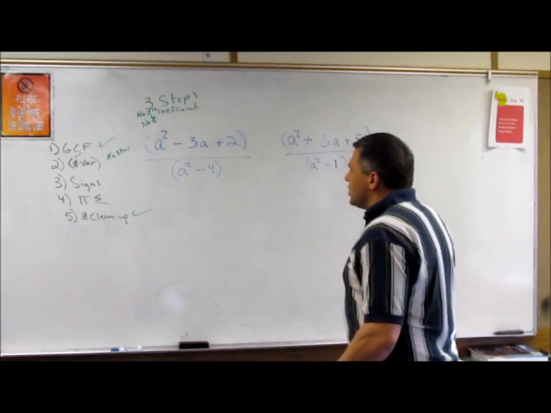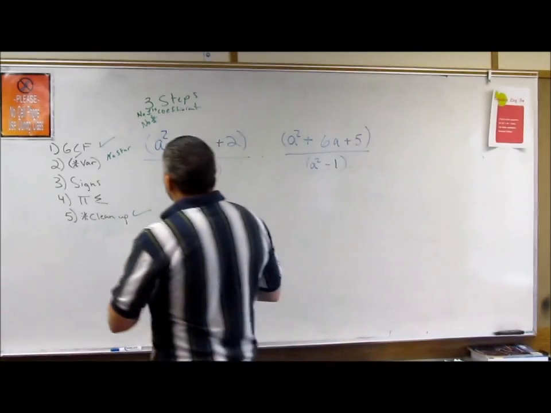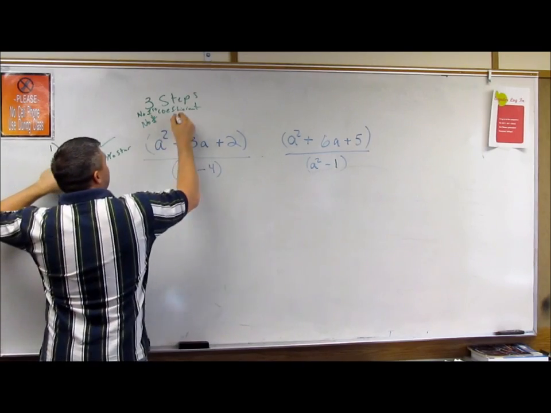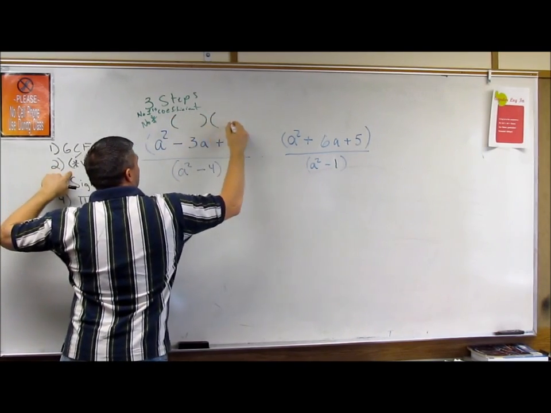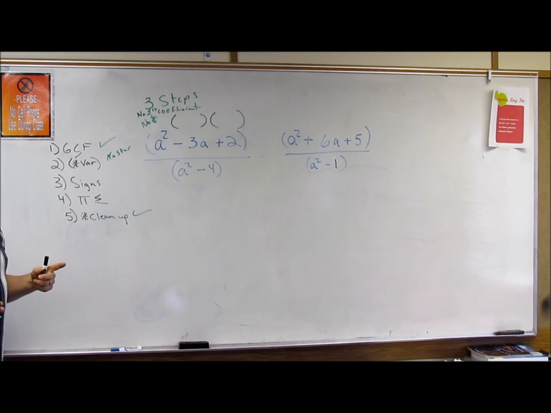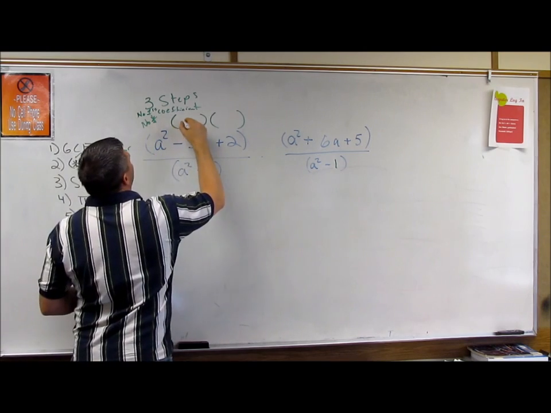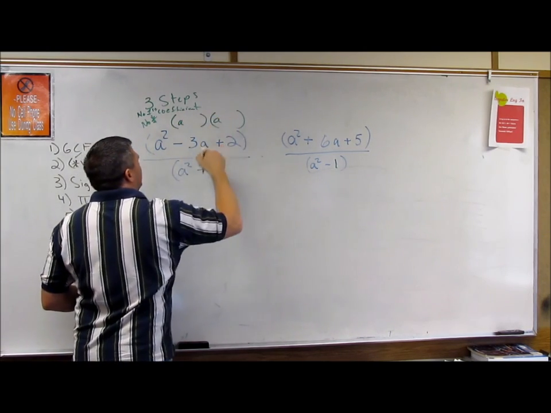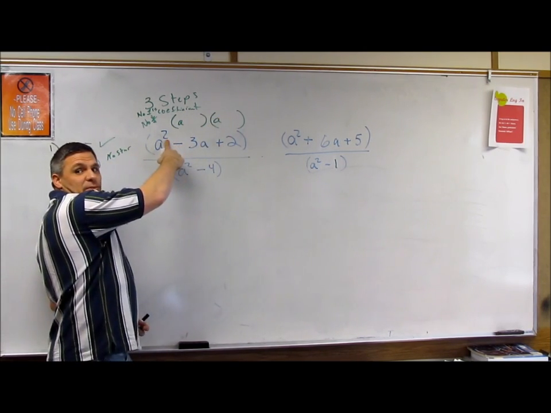So we just have to worry about writing the parentheses, and then the variable. We look at the variable and go, okay, we got an a. How many a's do we have? We have 2.